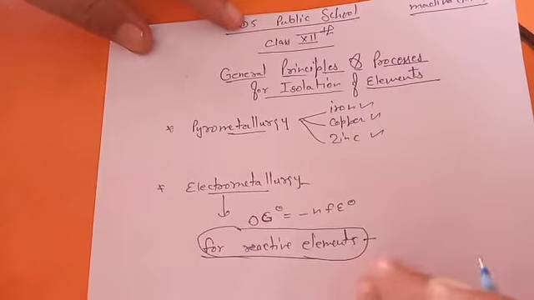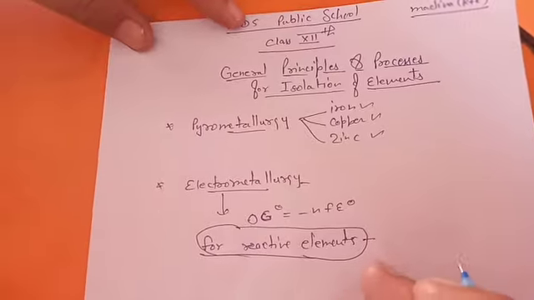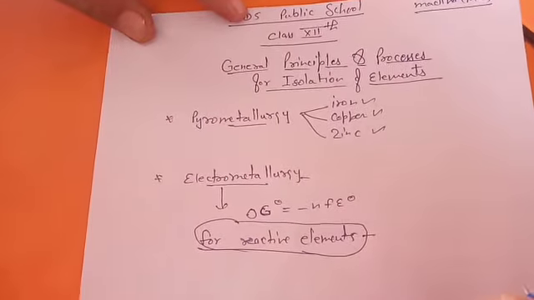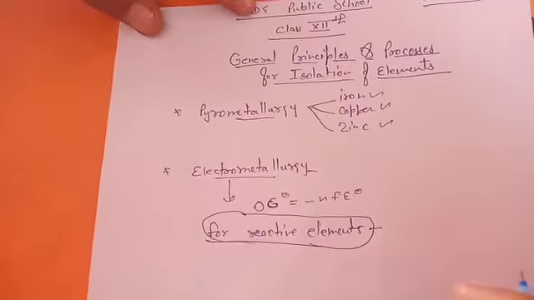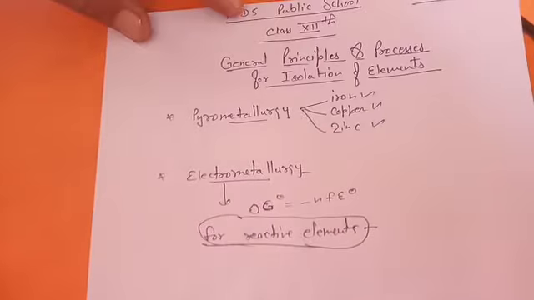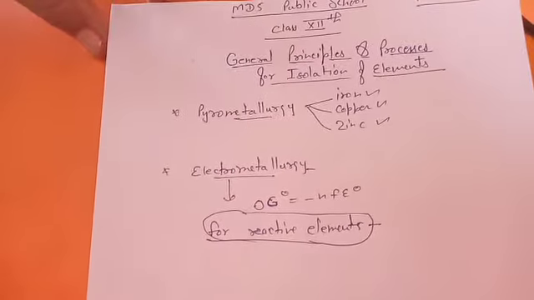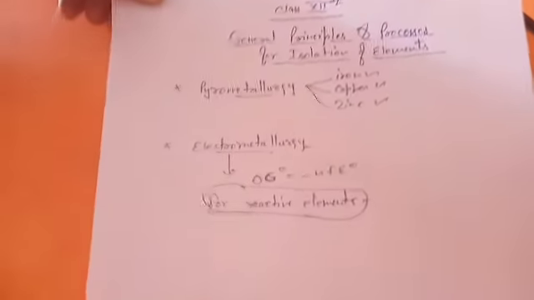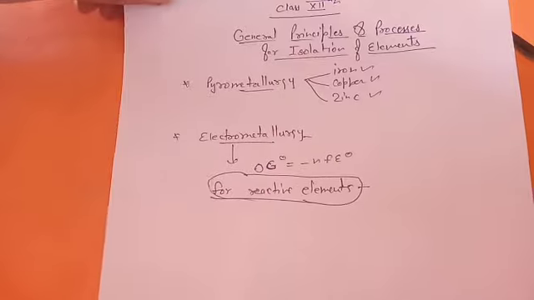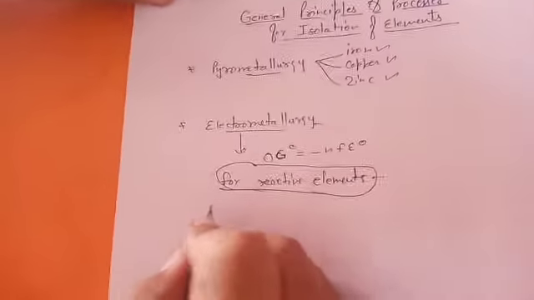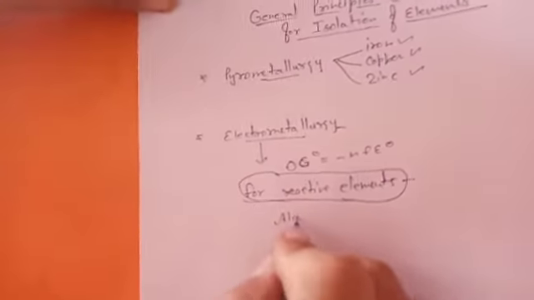But if we apply an external voltage greater than the E naught, then we get delta G negative. So this equation tells us how much external voltage we have to apply. For example, we will study aluminium extraction.